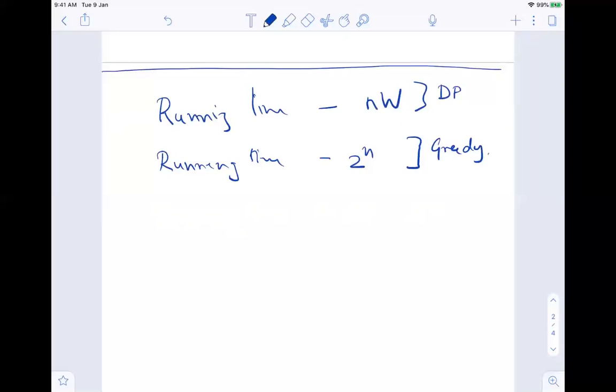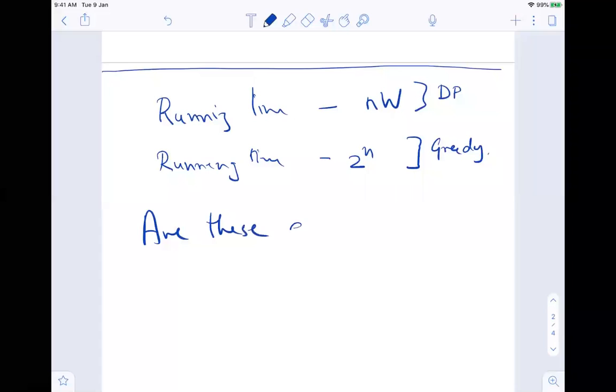Are these two algorithms polynomial in the input size? Are they polynomial time complexity?